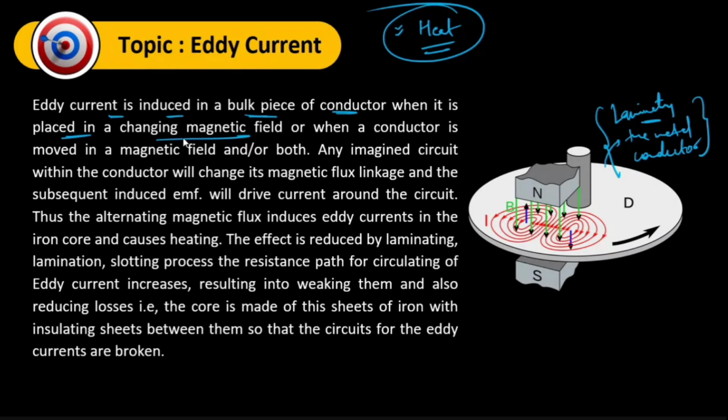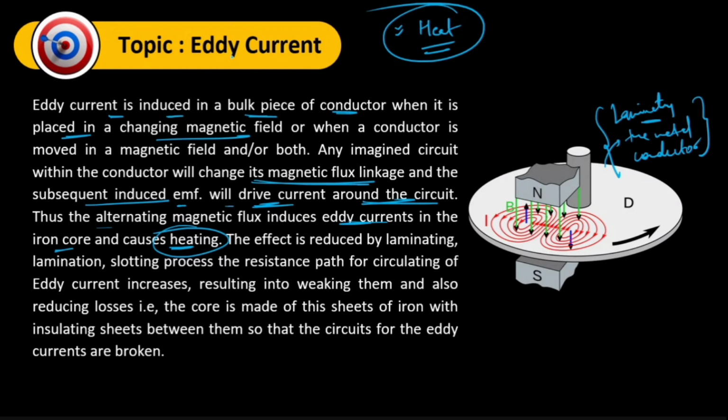Because of that changing magnetic field, the conductor has some magnetic flux induced in it, which induces EMF on the surface, and this drives current around the circuit. The alternating magnetic flux induces eddy current in the iron core and causes heating. So that is the main flaw of eddy current.